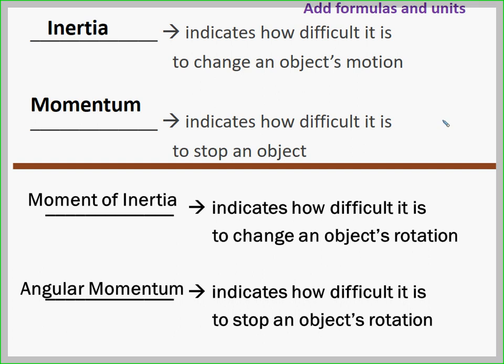So what you need to know is that inertia is indicated by mass alone. A lot of times they'll give you the mass and the velocity of four objects, and they'll ask you which one has the most inertia. You don't even have to consider the velocity because it only depends on the mass. Inertia and mass are directly proportional.